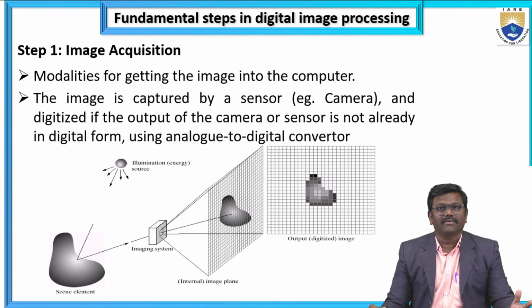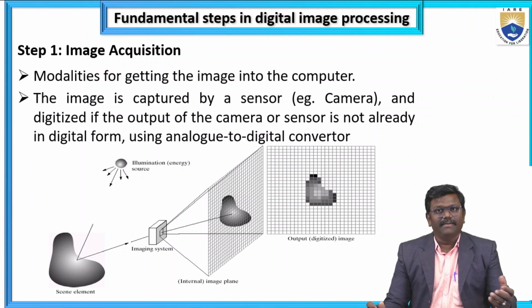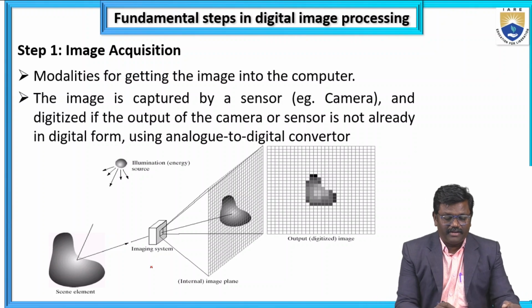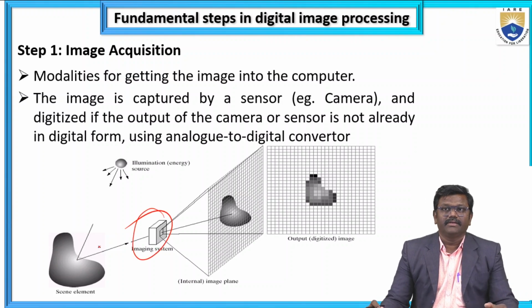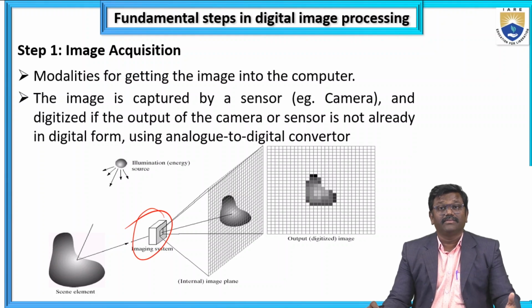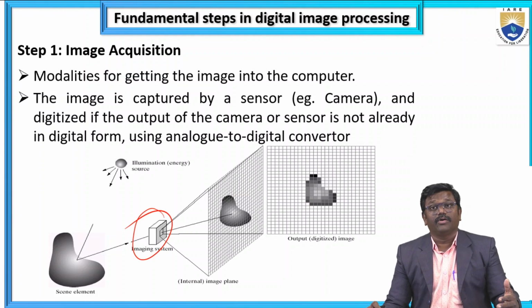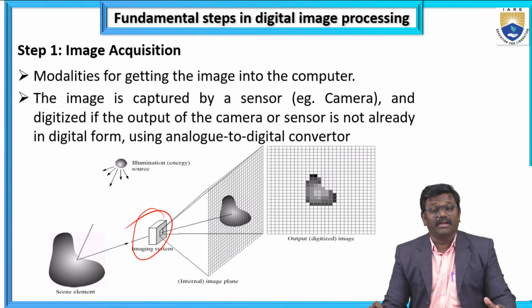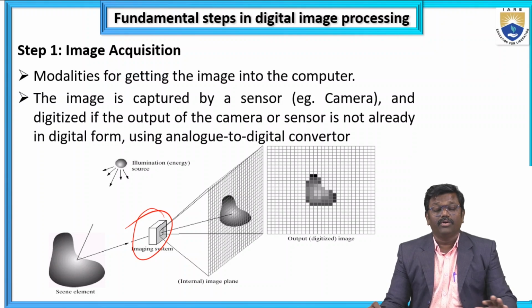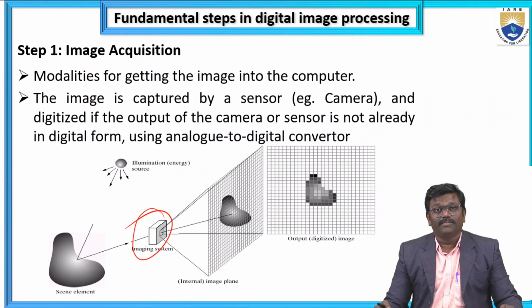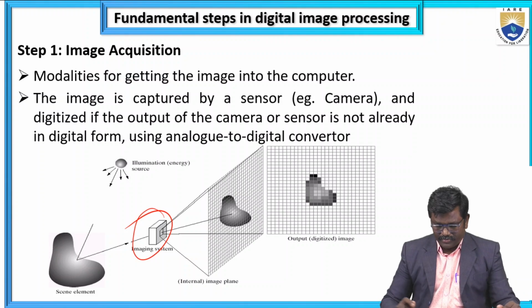What do you mean by image acquisition? The image is captured by a sensor, a camera, and digitized. If the output of the camera or sensor is not already in digital form, you have to convert it using an analog to digital converter. This process is also called a modality for getting the image into the computer.